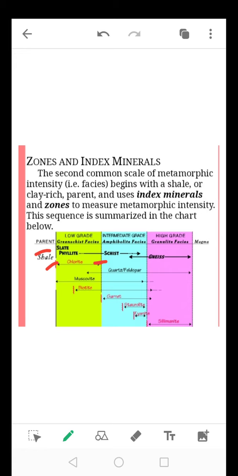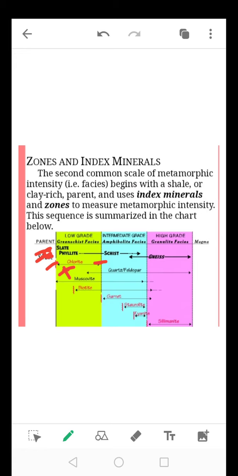From slate to gneiss. So the chlorite, which is a low-grade green index mineral, tells us that the metamorphism has begun exactly at this point. The point which marks what? The low grade. So when you see the green mineral chlorite, it tells you that the metamorphism was beginning.